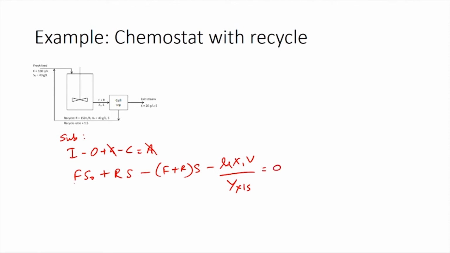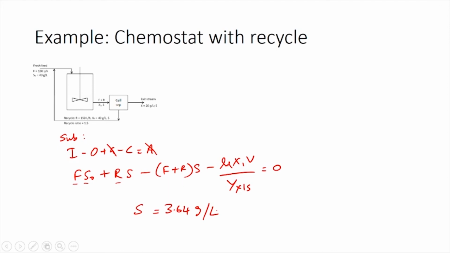We already know the values for F S naught, R, mu times V, x1 and Y x/s. Having all these values, we can calculate the value for S as 3.64 grams per liter.